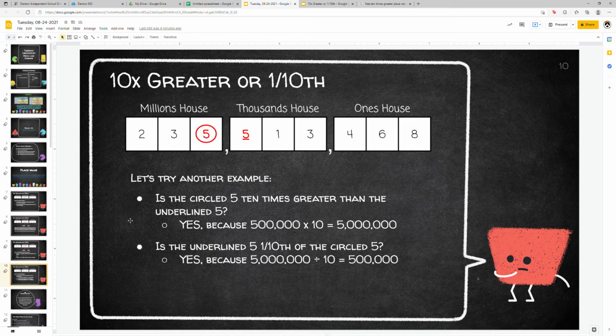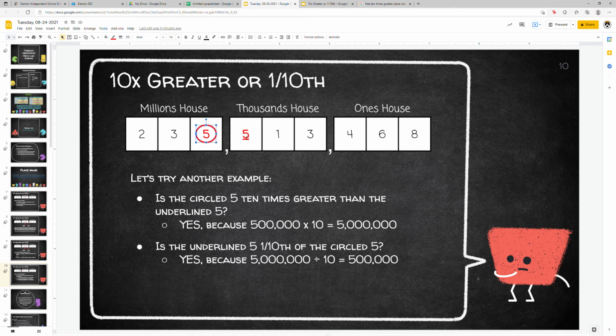Let's try another example. I have a new number on screen in my place value chart, a larger number. I've got two 5s that are next to each other in place value. There's a comma between there, but that's just because I'm separating my millions house and thousands house, that's all. So, is the circled 5 10 times greater than the underlined 5?